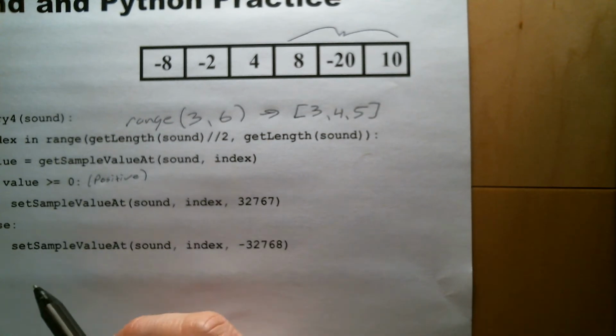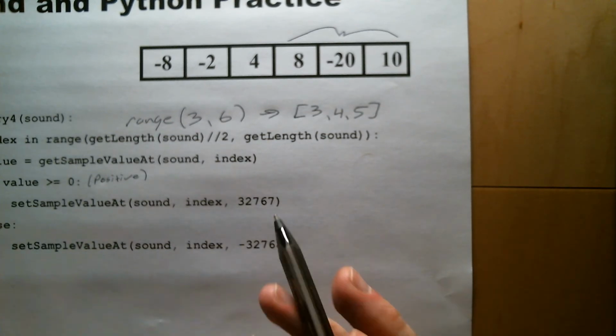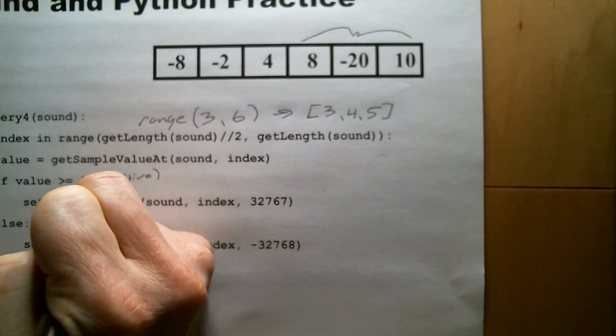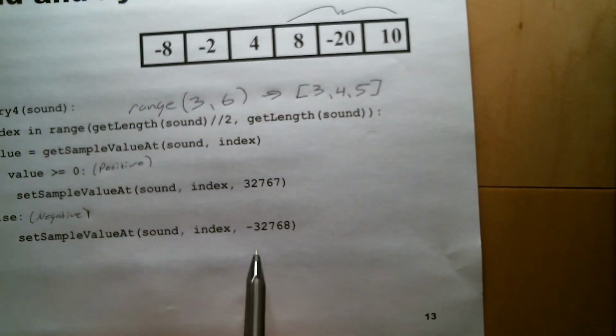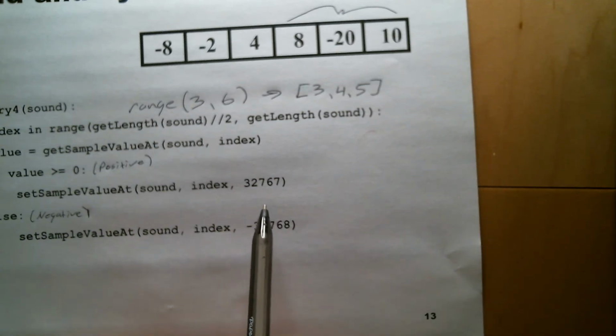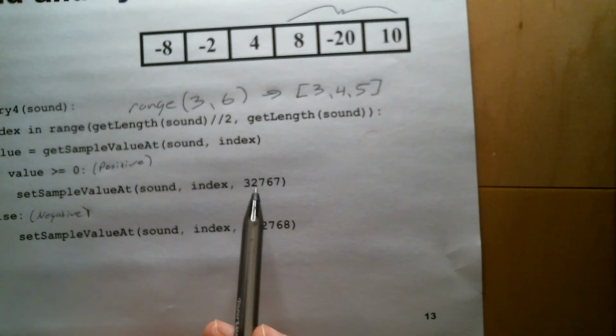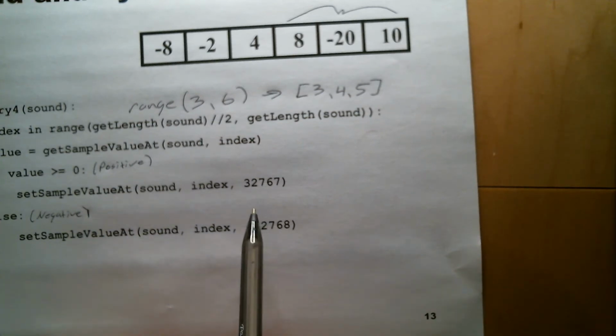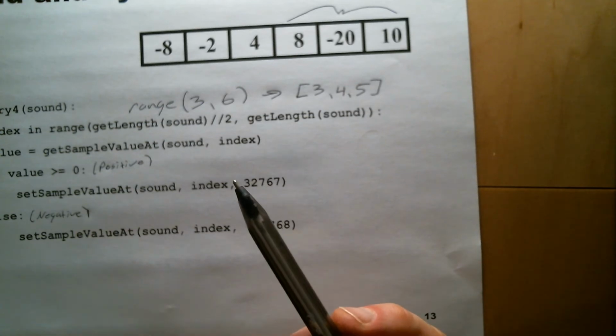Else, which is basically negative, set the sample value to negative 32,768. Those are actually the max and min values. And we'll talk about why those are the max and min values a little later on. But basically, those are the max heights that you can set when you're modifying your sound. All right.